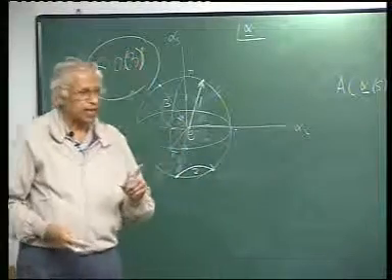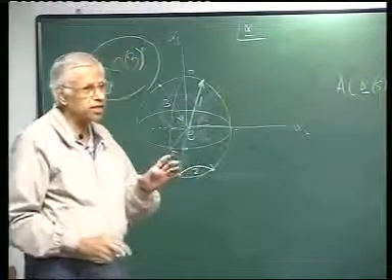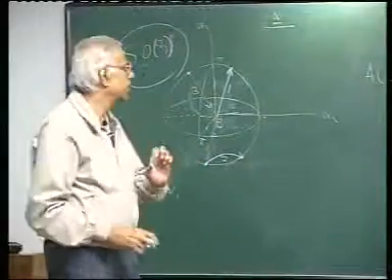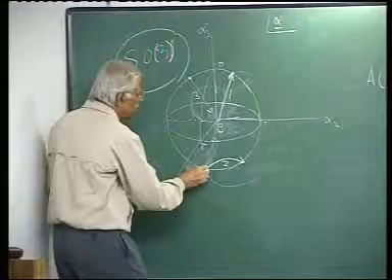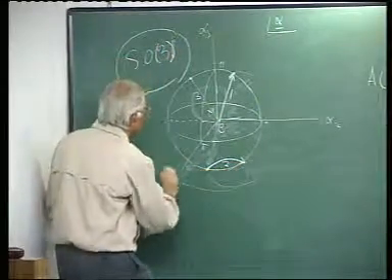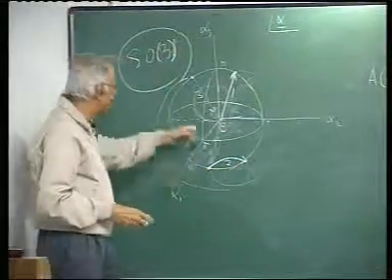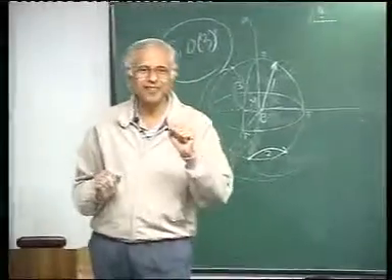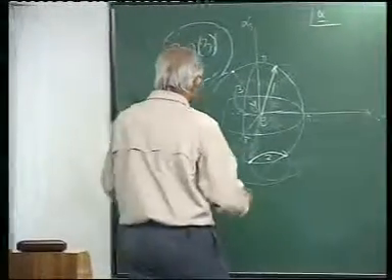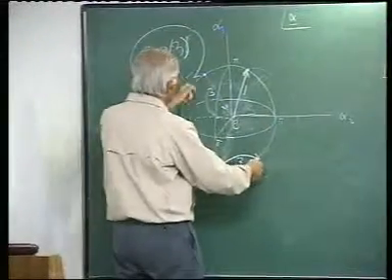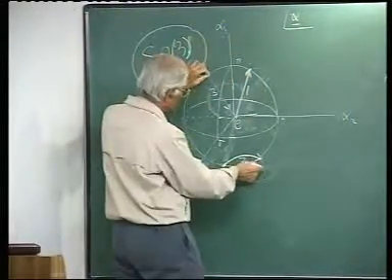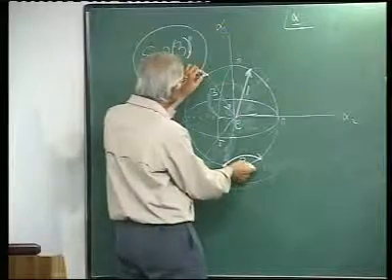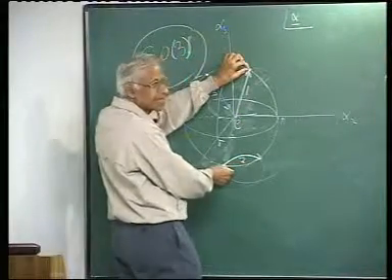But here, how many times have I used the identification rule? Twice. I have used it to jump from here to here and to jump from here to there. This loop, I can shrink it to 0. Why? Because if I move this one, this pair will not be affected, this will move. When I make this coincide with this, this will coincide with this.